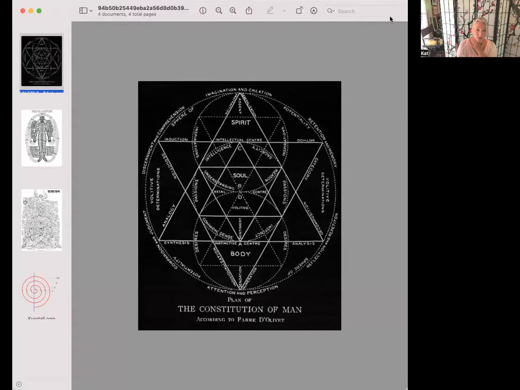Well, I want to know why 3.5 times. So I did finally find an explanation, and now I'm going to share screen and just share some images. Let's see. And just to reiterate, of course, it says the constitution of man, but it just shows that we're made up of spheres and triangles and all different stuff.